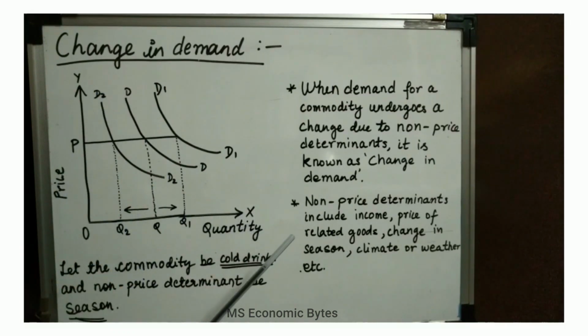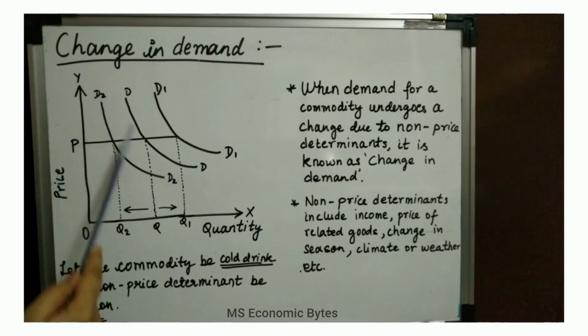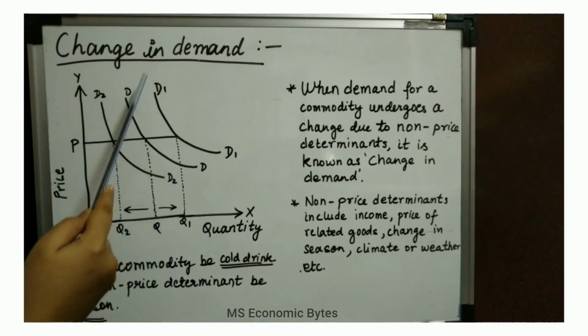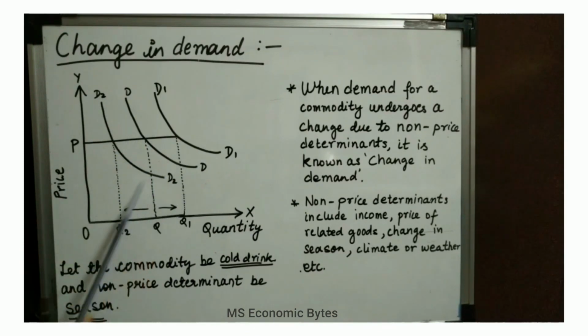Now, the price being constant, let us see summer season takes place. When there is summer season, naturally the demand for cold drink increases, which is why the demand curve shifts to the right from DD to D1 and the demand increases from OQ to OQ1 while the price is still constant.